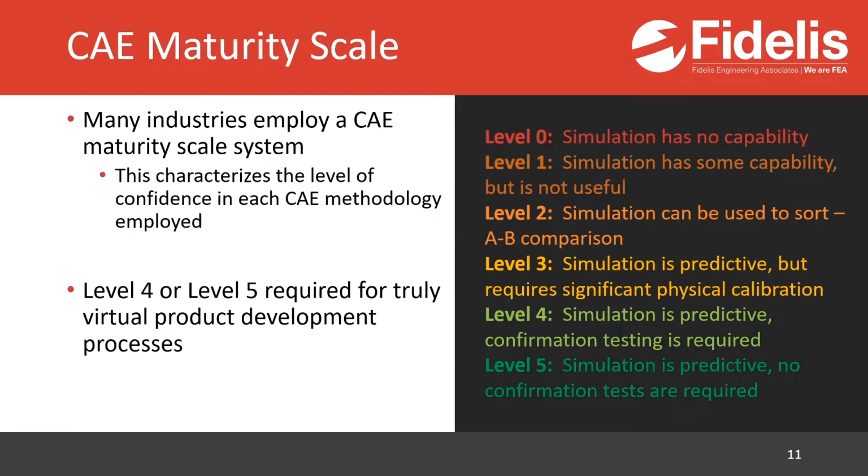Level 2, we can sort of use A to B comparisons. And then really where we're aiming to get towards is level 3, simulation predictive, but not without physical calibration or a lot of physical testing. And then 4 and 5 is where we want to be. It's predictive, confirmation testing may or may not even be required.